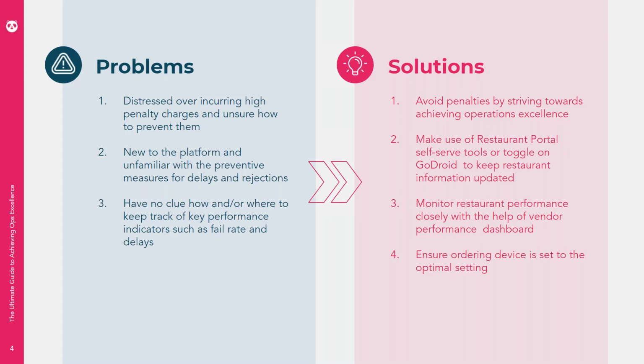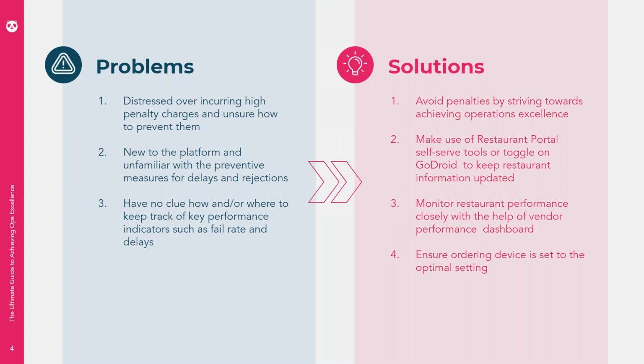Hence, we will highlight all of it in the coming slides, on how you can make use of the self-serve tools available in the restaurant portal and how you can toggle on your GoDroid device to ensure your restaurant status and information are updated at all times.